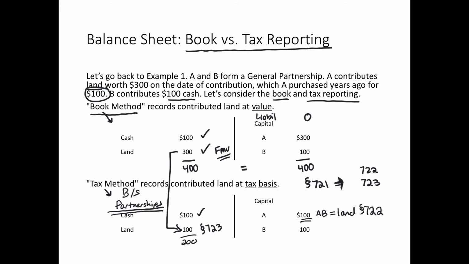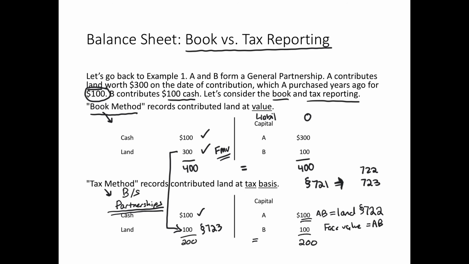And then B is just doing cash. So the face value of the cash is always going to equal the adjusted basis for cash. That's not going to be different. So that's going to be 100. We add those together, we get $200. Now, in this case, the tax also equals, but that's not always the case. If you have revaluations or Section 704 or other issues, they might not equal. On formation, they almost always equal though, okay? So we have a balance on there from that standpoint.